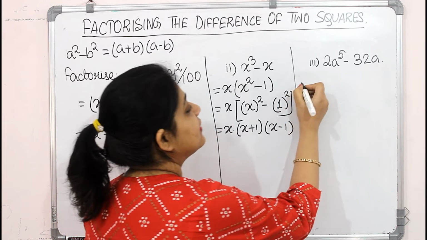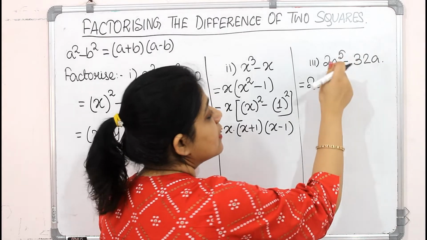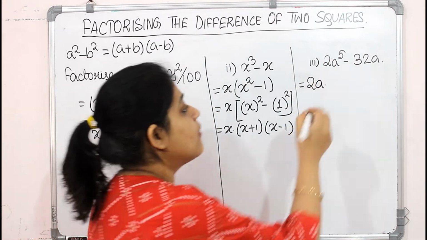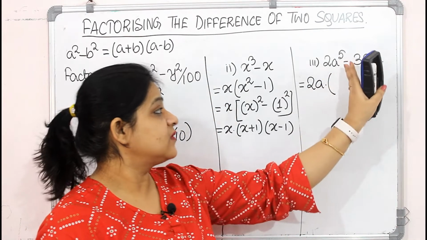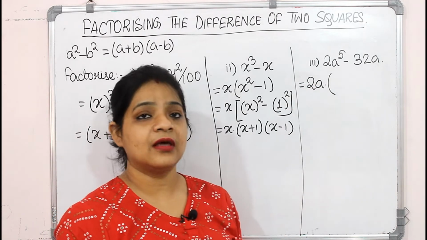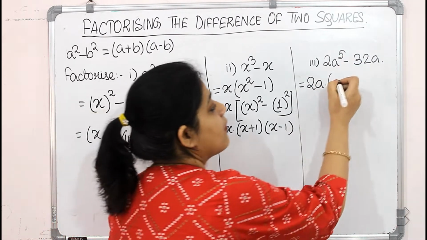So we can take 2a as common. Now you notice the terms here and what you have to write in the bracket. Twice a is already here, so a to the power of 4.